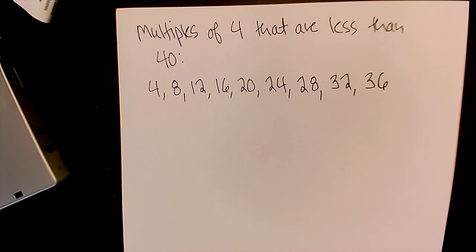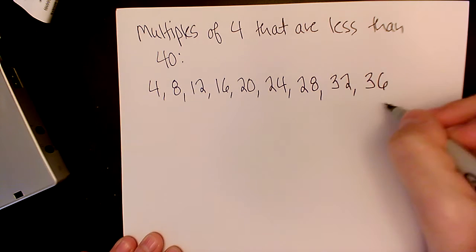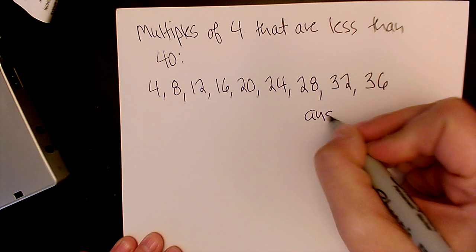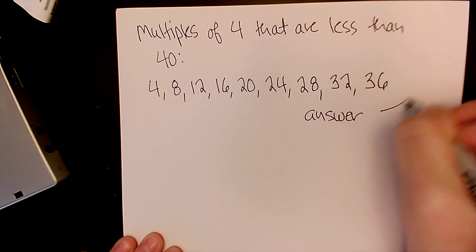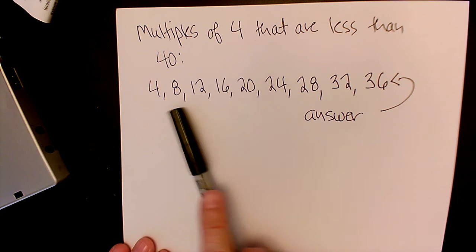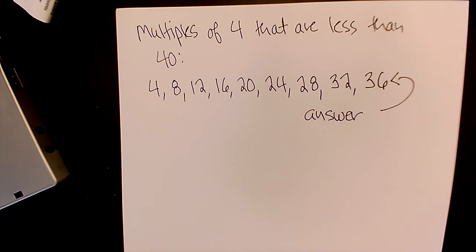So those are what the multiples of 4 look like that are less than 40. So they're going to tell you which multiples they want and how far up they want you to go. So this is my final answer right here. All these numbers, and each of them is separated by a comma.